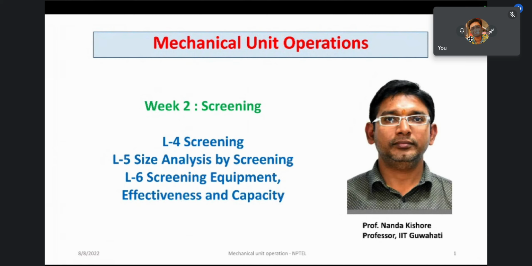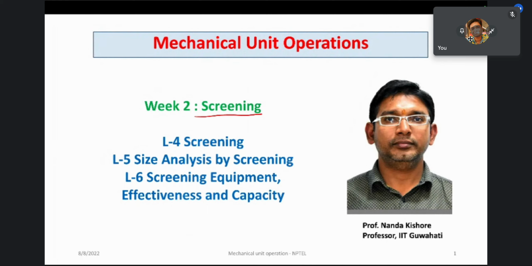In the second week, the main topic of the discussion is screening. Last time we discussed particle size, shape, density, and different characteristics of the particle. Now we have to understand how we can separate the particles by using screening, and after separation, what kind of equipment, efficiency, and ineffectiveness are applied.